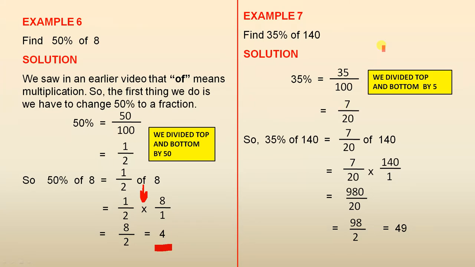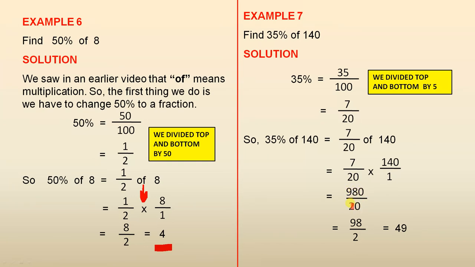Find 35% of 140. 35% equals 35 over 100, which is 7 over 20. And all we do, we divide top and bottom by 5. So 35% of 140 is 7 over 20 of 140, which is 7 over 20 times 140 over 1. 7 times 140 is 980. 20 times 1 is 20.